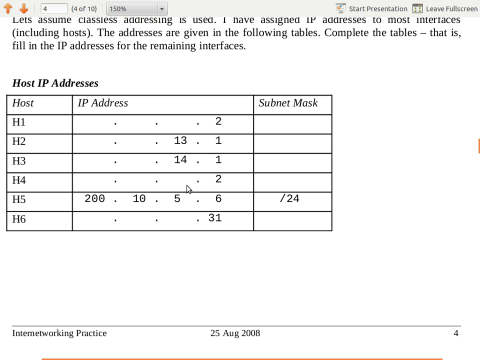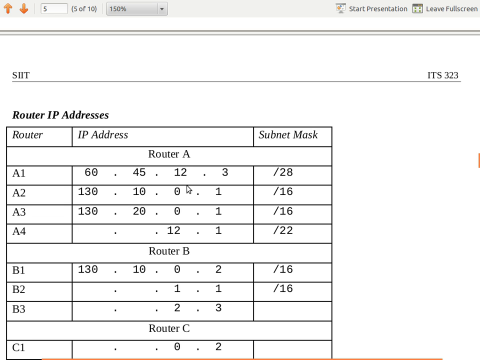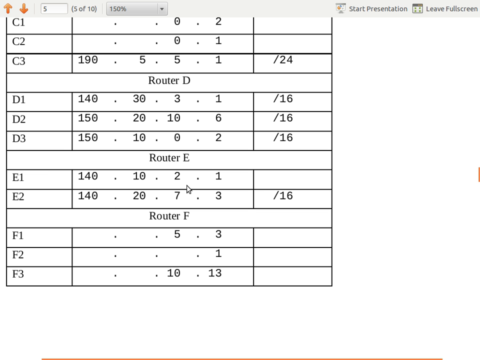So convert this to binary, take the first 24 bits, give them to F2. The last 8 bits can be whatever you choose. But in fact, I think in the table, the last 8 bits must be decimal 1, because I give you the decimal value 1. So the first values here will correspond to the first 24 bits of H5.